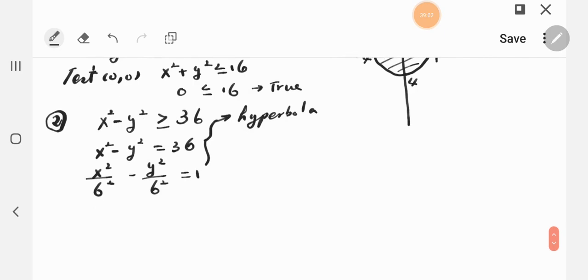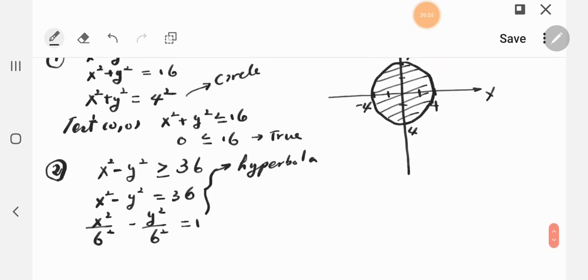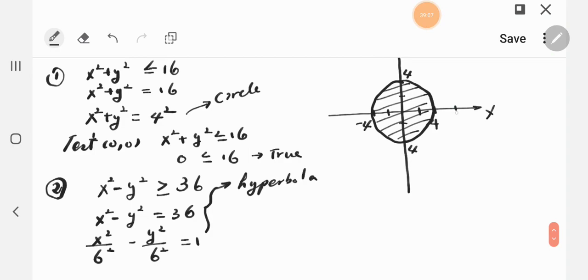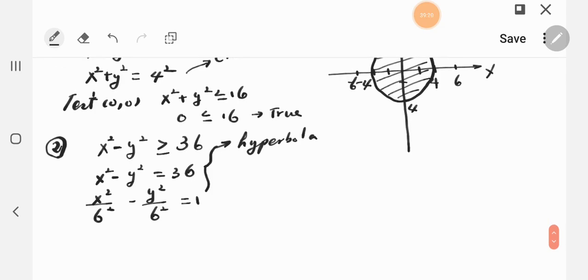So a equals 6, b equals 6. So let's say this is 6. This is negative 6. Then the asymptote, the slope is rise over run, which is 6 over 6 is equal to 1. So the graph of the asymptote will be y is equal to mx plus b.